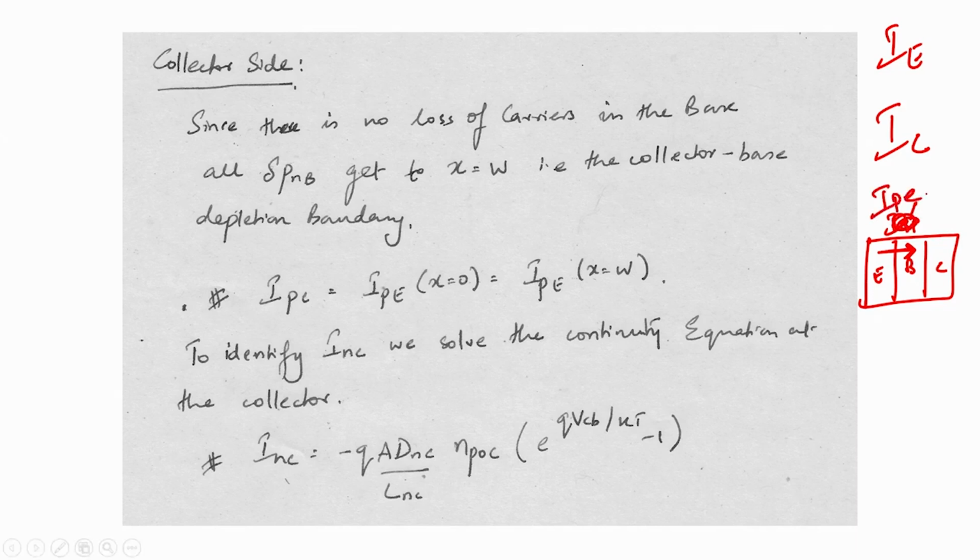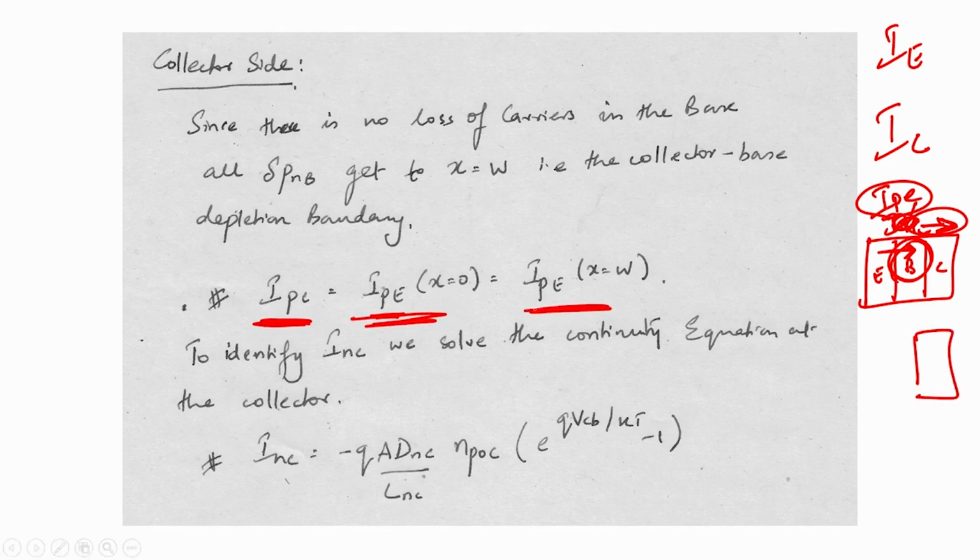So, that current is entirely entering the collector without any loss of current, because the base is not doing any recombination. So, there is no loss of carriers, and therefore, all of IPE is going to go into the collector. So, IPC, that is the holes entering the collector, is simply equal to IPE at x equal to 0, which is equal to IPE at x equal to W.